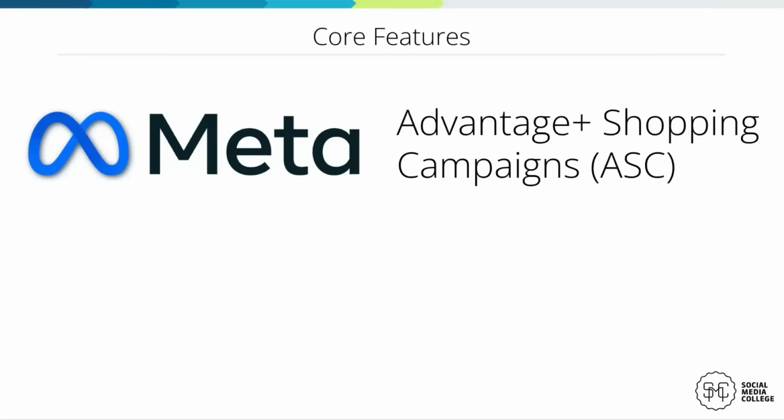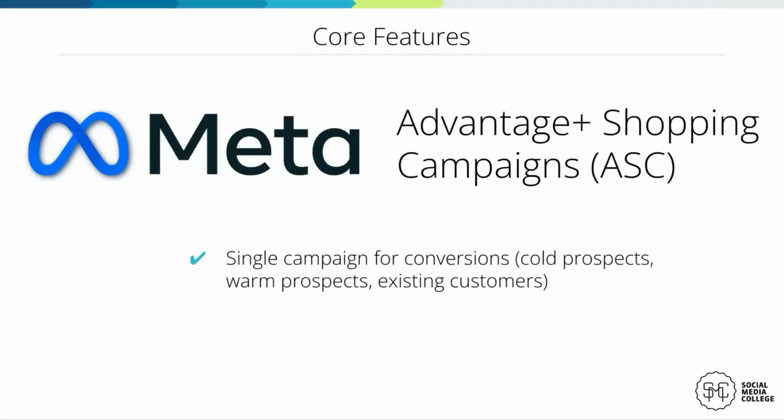A couple of core features when it comes to these campaigns. Firstly, it's a single campaign for conversions. It's going to combine all of your audiences into one: cold prospects, warm prospects, and existing customers. The second is that there are fewer inputs. It's a much more streamlined campaign creation, which basically means it's faster.